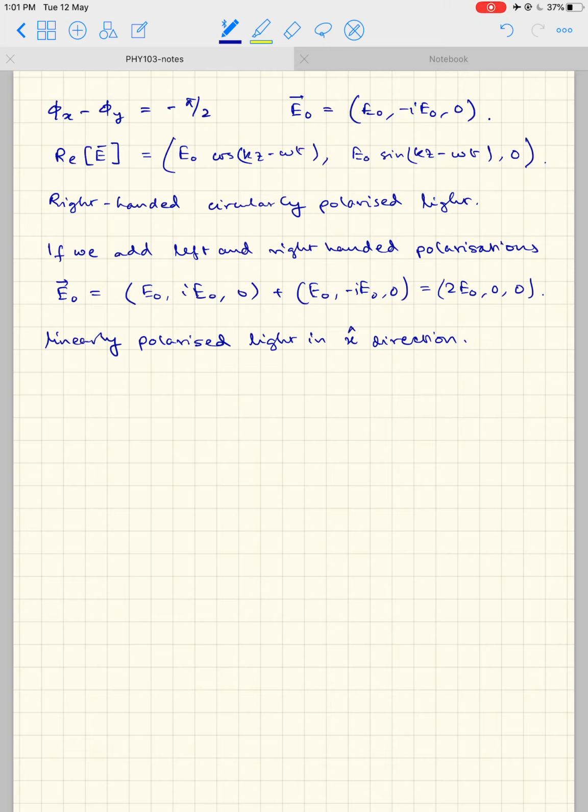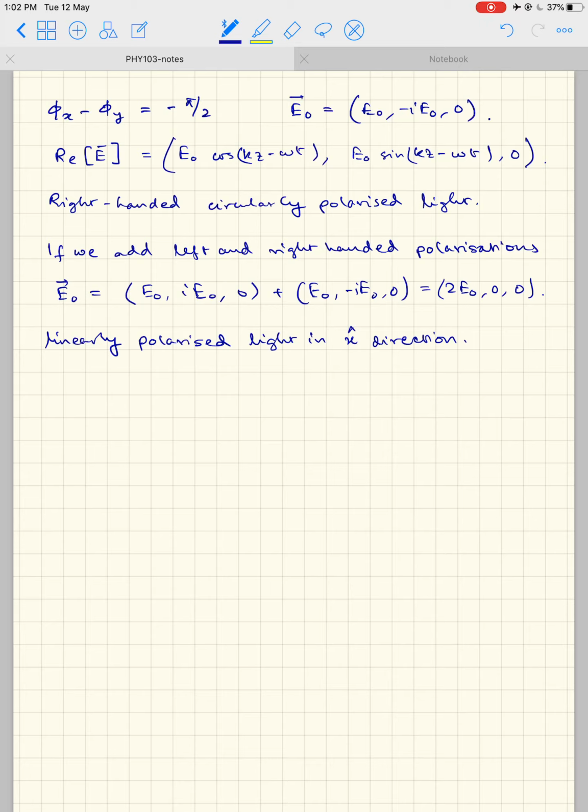Similarly, subtracting them will give you linearly polarized light in the y direction. So now you can see that circular and linear polarizations are not independent. Indeed, any possible polarization can be written as the linear combination of left-handed and right-handed circularly polarized light.